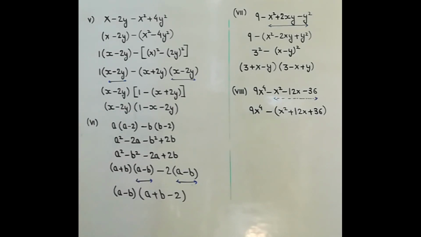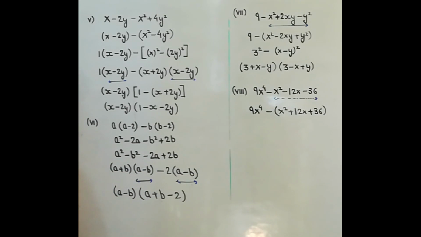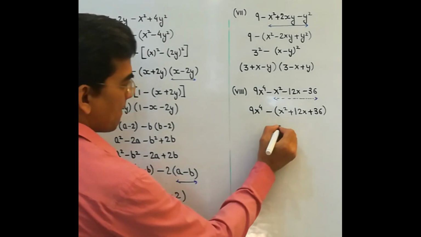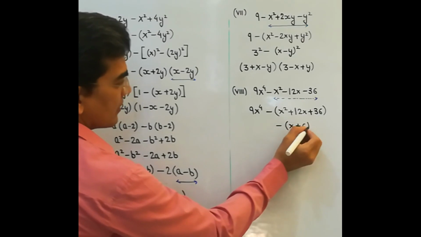Now if you see carefully, the last group is giving you the whole square of x plus 6.